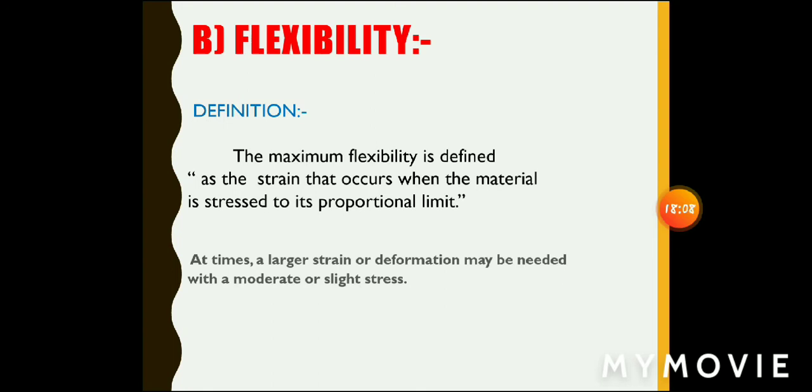Next, coming to flexibility. This is somewhat not dealt with in the curve, but it is related to the curve. You have the stress strain curve, no? In that, the strain portion of the graph up to the proportional limit is called flexibility. Did you understand this?